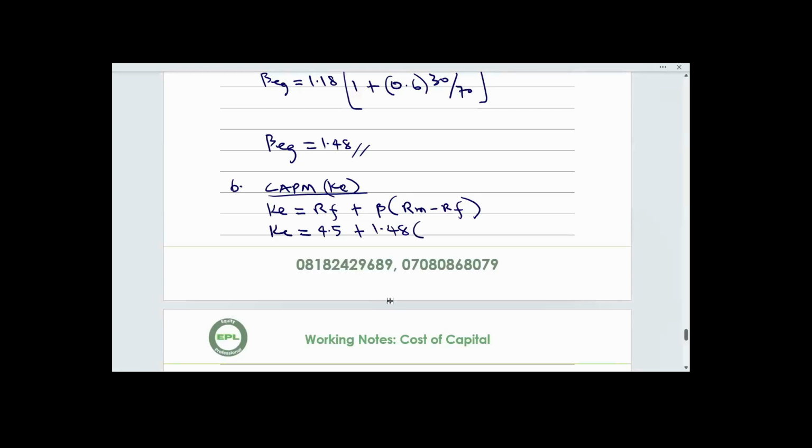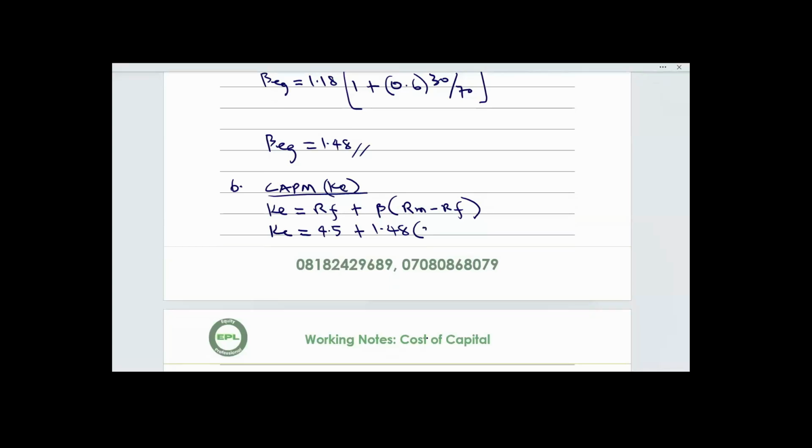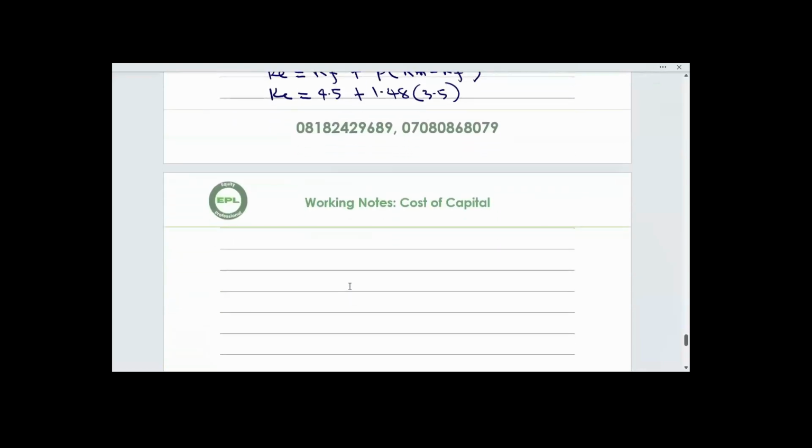Multiplied by RM is market return. Examiner did not give us market return. You are given market risk premium. Equity risk premium is the difference between market return and the risk-free rate of return. So equity risk premium is given as 3.5. So the difference between RM and RF is 3.5, which is your market risk premium.